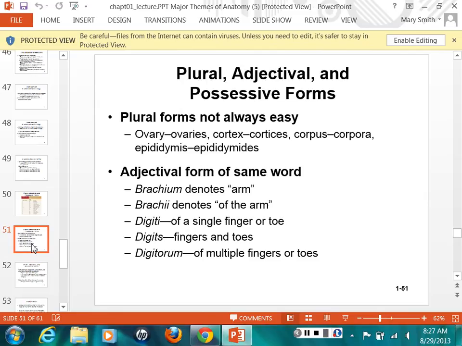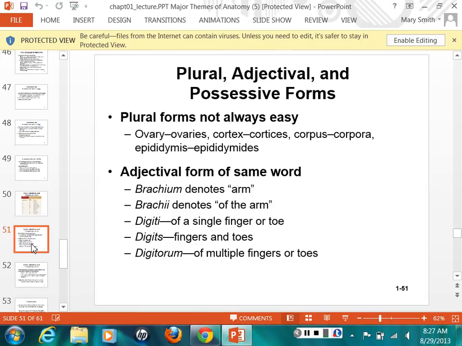In some cases, what appears to be two completely different words may be only the noun and adjectival forms of the same word. For example, brachium denotes the arm, and brachii, as in the muscle named biceps brachii, means of the arm. Carpus denotes the wrist, and carpi, a word used in several muscle names, means of the wrist.